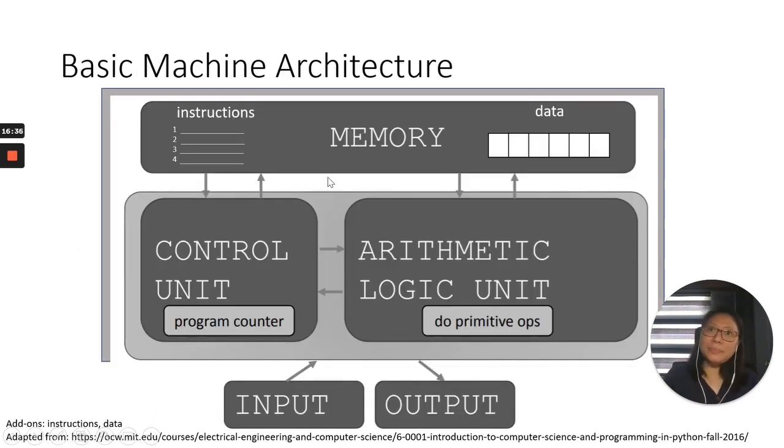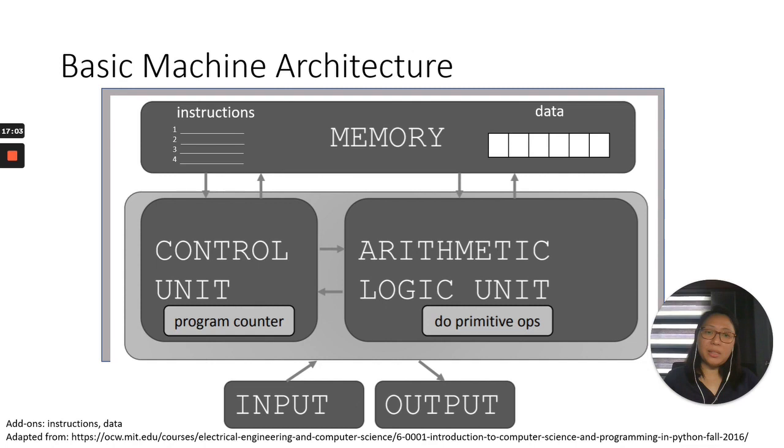A computer has these basic parts, or this is the basic architecture of a computer. It has memory. The memory contains data and instructions. The ALU, or arithmetic logic unit, does the instructions.